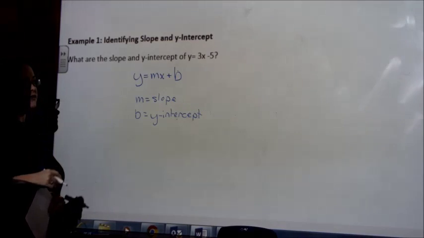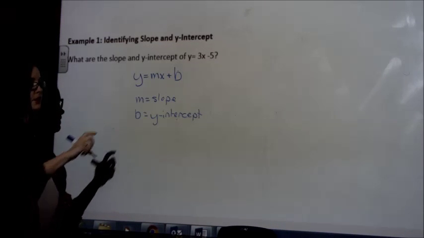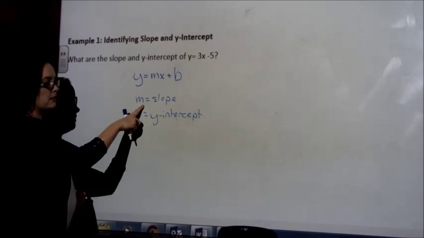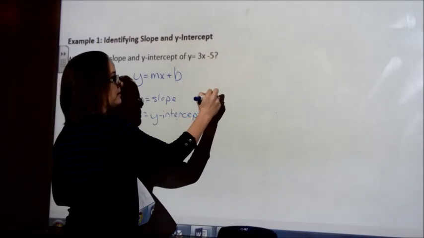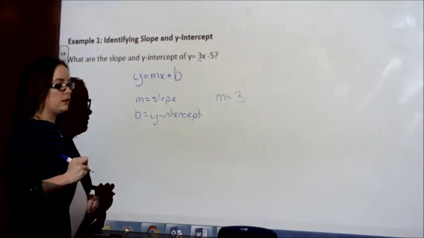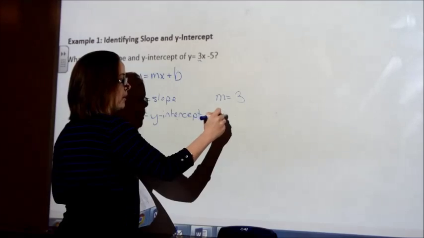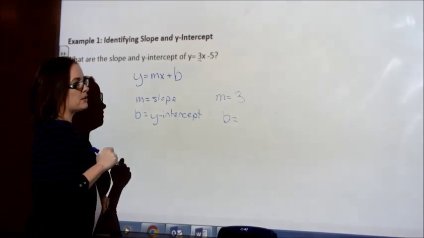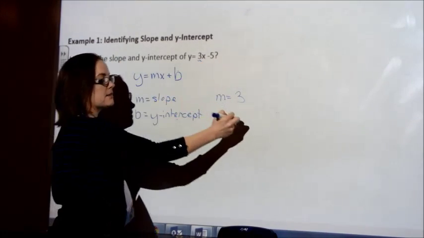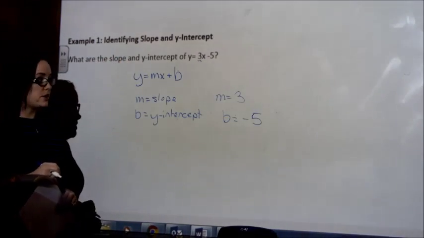So if we have the equation y equals 3x minus 5, we can simply pull out what m is. In this case, m is 3, right here. And that's our slope. And we can pull out what b is to find our y-intercept. And b in this case is negative 5. And that's it. That's all we have to do.